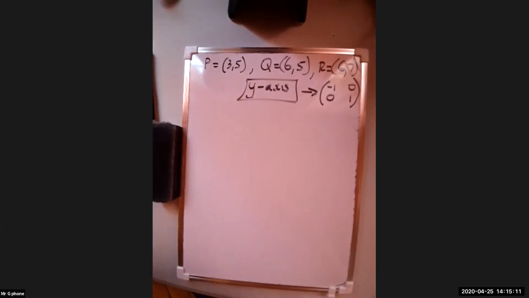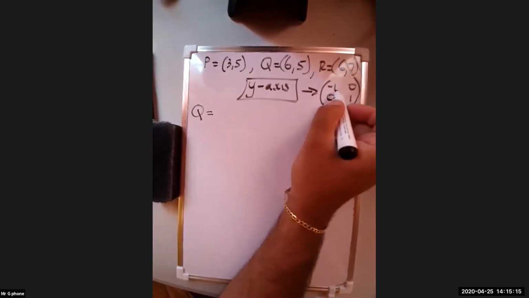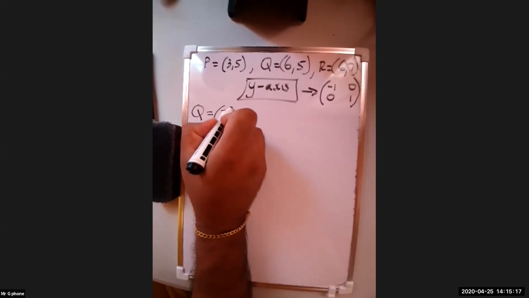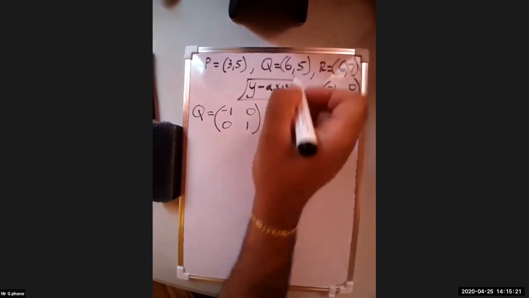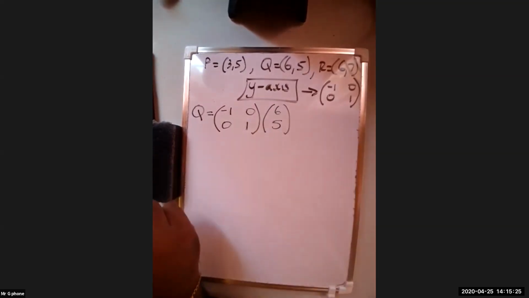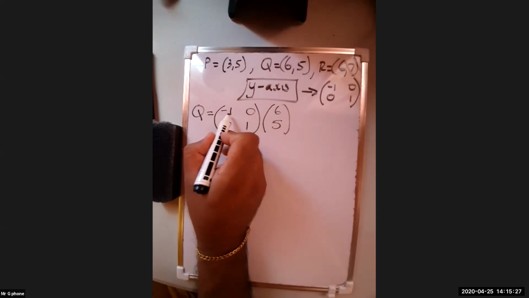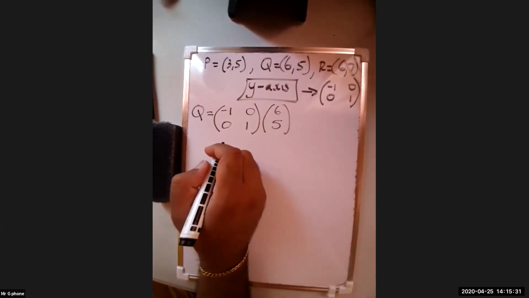Q will undergo the same transformation. So Q, it's negative 1, 0, 0, 1, and of course 6, 5. So it's negative 1. I don't want to see a shortcut.